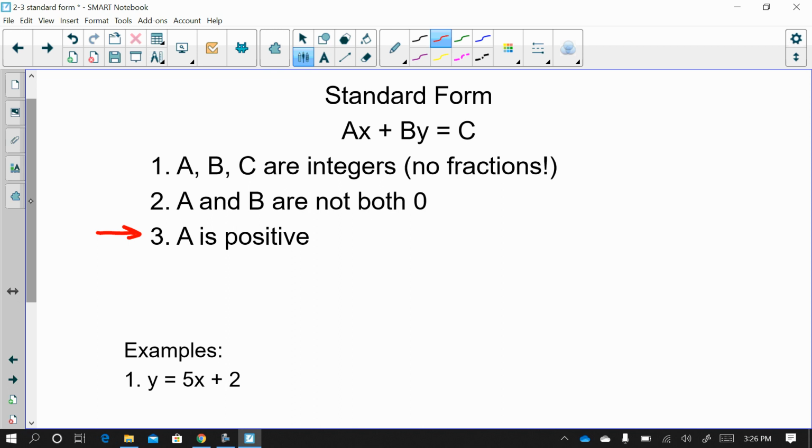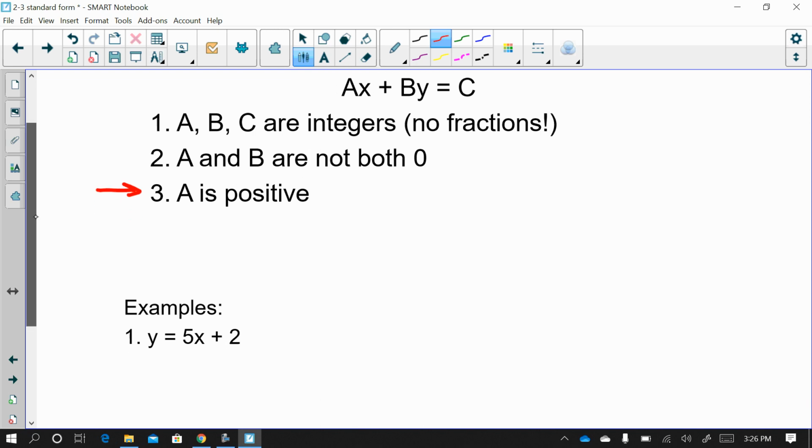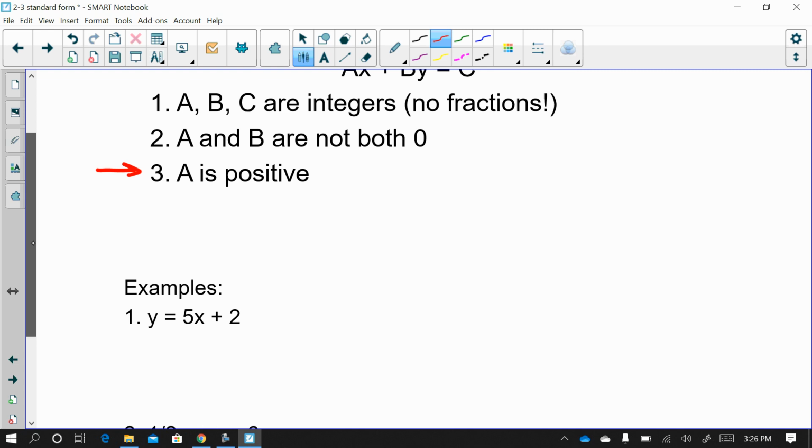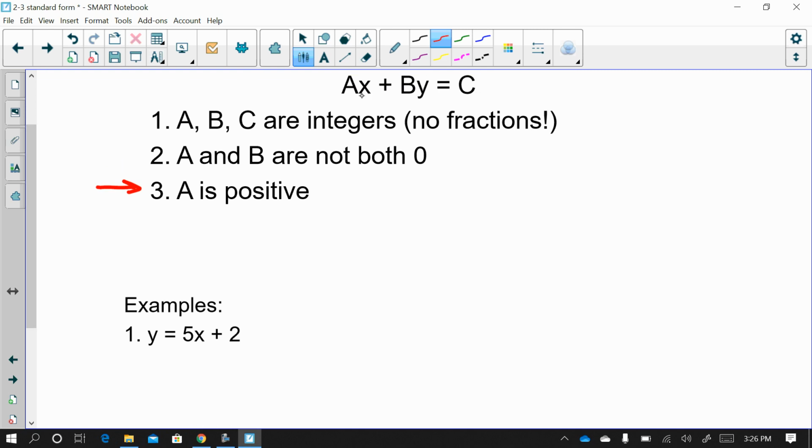So let's look at some examples. First example, I have y equals 5x plus 2. I want to change this to standard form, ax plus by equals c. Right now this is in slope-intercept form, y equals mx plus b. So I just need to get the x and the y on the same side. How can I move my x over? I'm just going to subtract it.